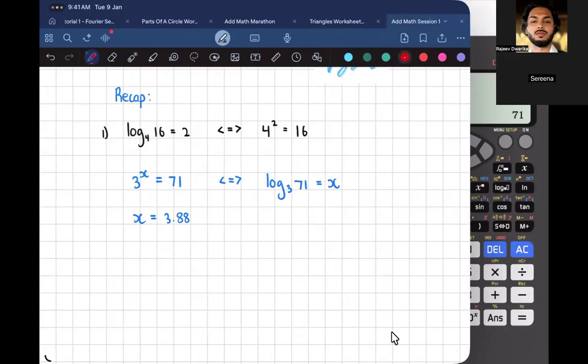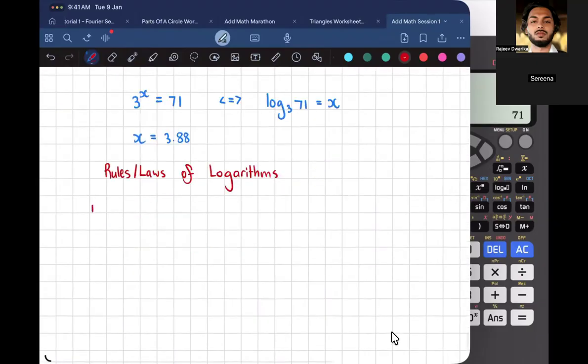Let's just do a recap of the laws now. The laws slash the rules. So the first one is the product rule.